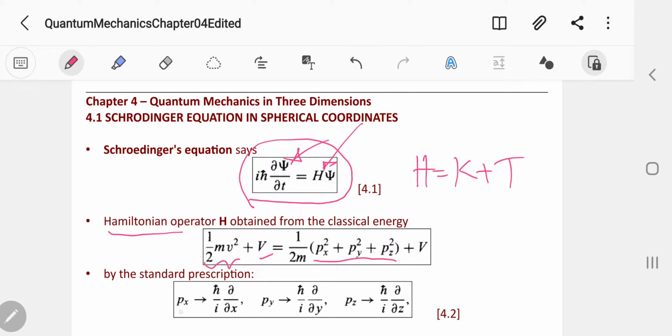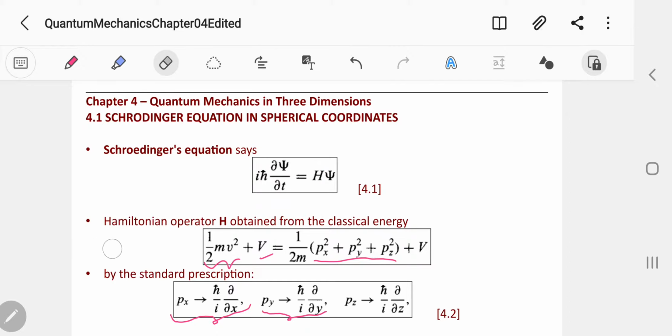For this component, you have the momentum as h bar over i partial with respect to x, and in the direction y, h bar over i partial with respect to y, and for the z direction, h bar over i partial with respect to z. That is the equivalent in quantum mechanics.